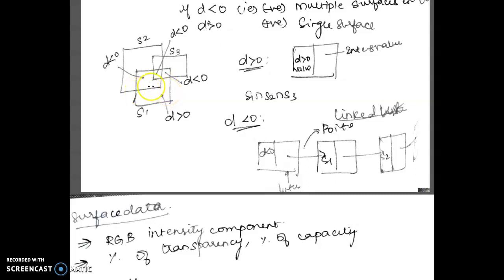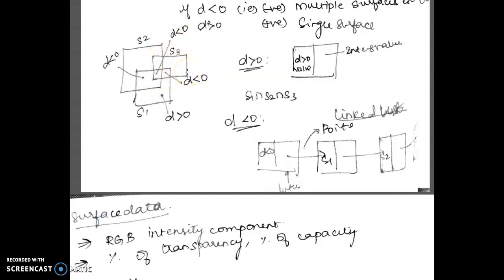Next, consider this point. This point is in two surfaces, both S1 as well as S2, so the D value is negative. That is, it has multiple surfaces. Similarly, for this point the D value is negative, and the middle point is also covered by all three surfaces, so the D value is negative.